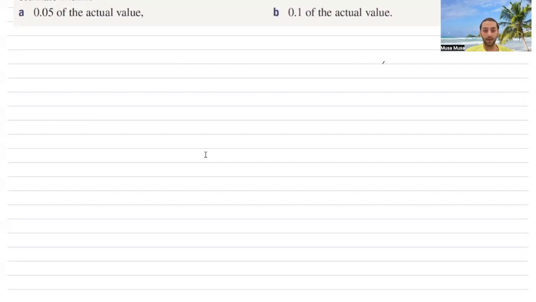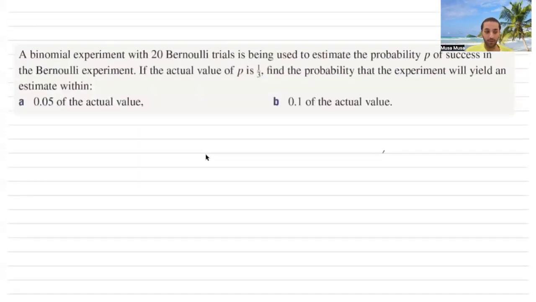Because this sample is a bit smaller, it's a bit easier to explain how to do this as well. We're doing some experiment. We have 20 trials, and we're trying to find the probability that the p hat we get is within 0.05 of the actual value.